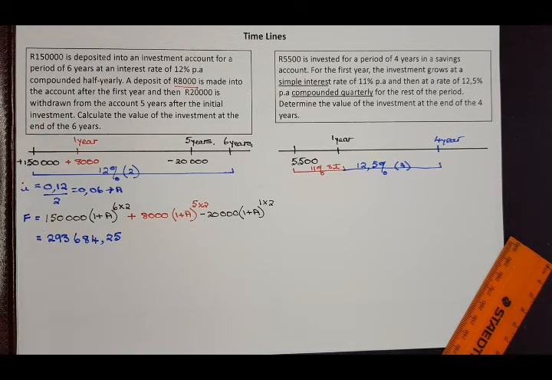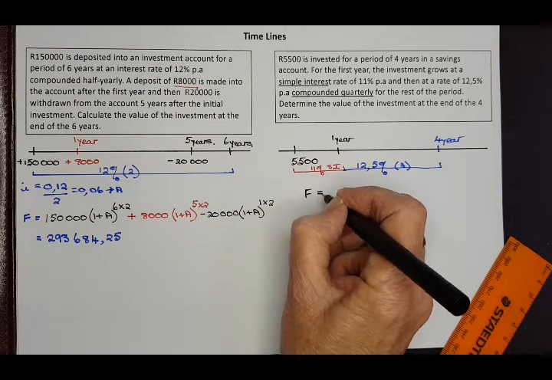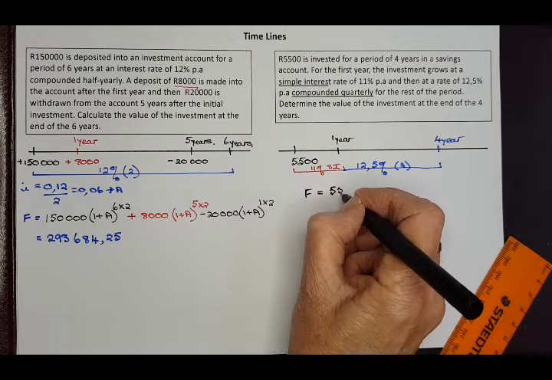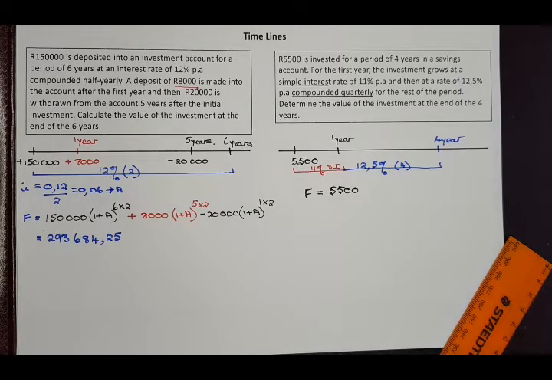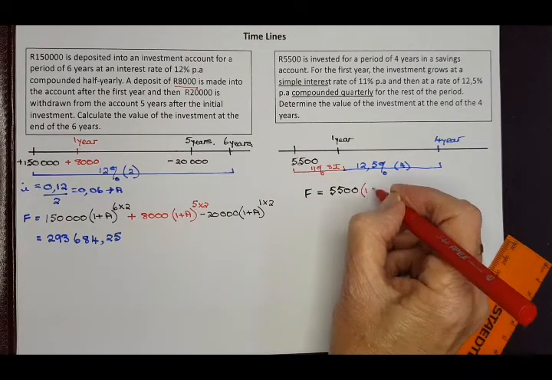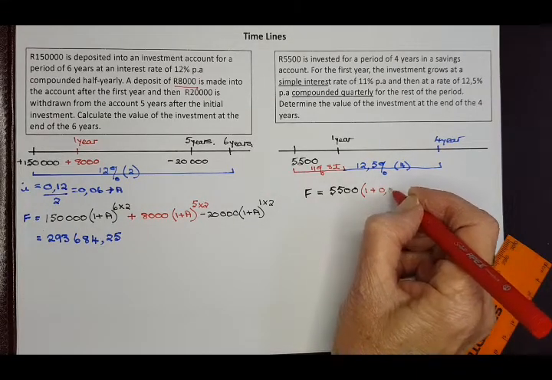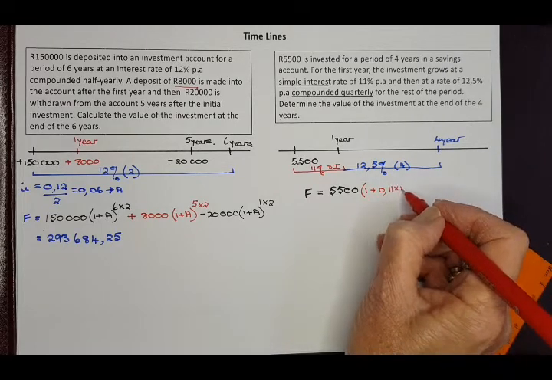Okay, again, we are going to do the sum in one go. We want our future value. We have a present value of 5500. Now, initially, the red interest is going to be simple interest. Okay, 1 plus 11%, and it's for a period of 1 year.